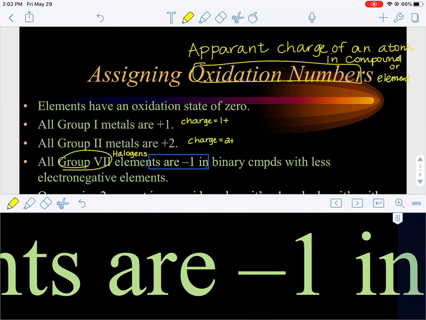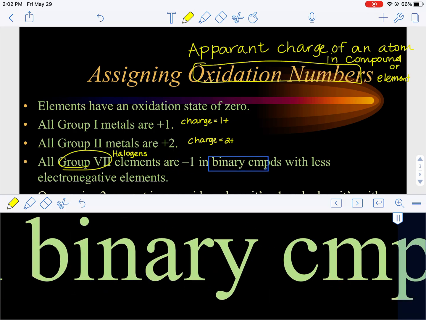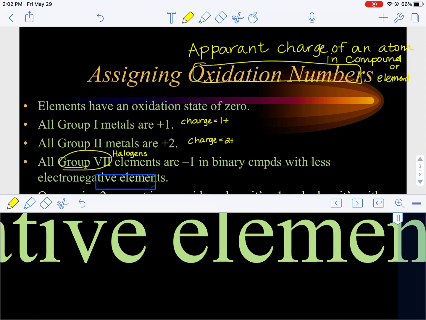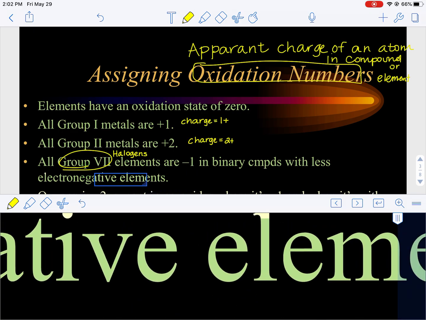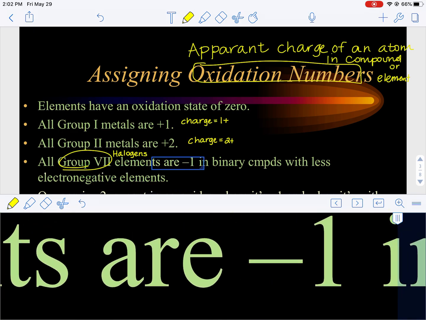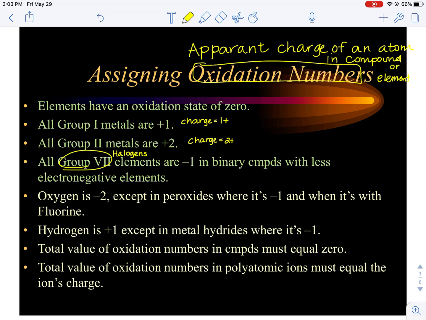So it makes sense that they're going to have an oxidation number of -1, because their charge is 1-. They want to gain that electron, especially when they're bonded with less electronegative elements. The more electronegative element is the one that's going to do the gaining, hence why it will have the negative sign associated with it.